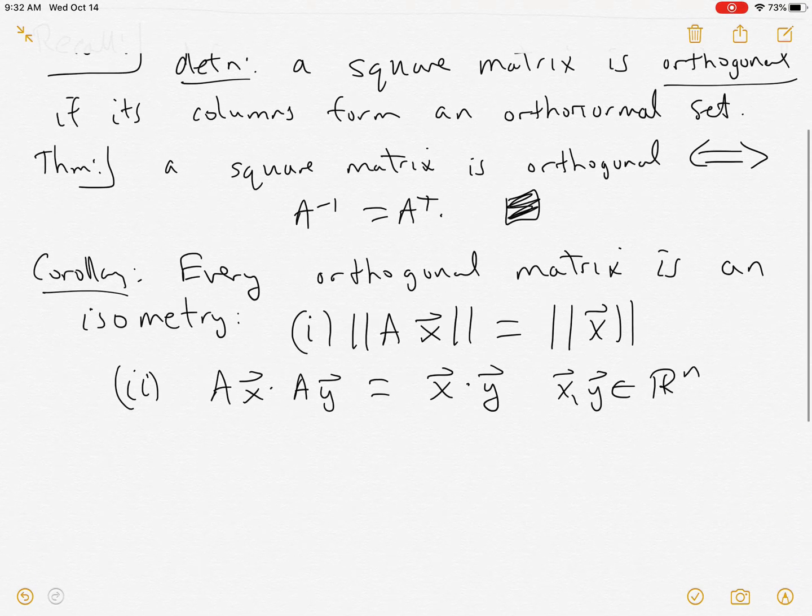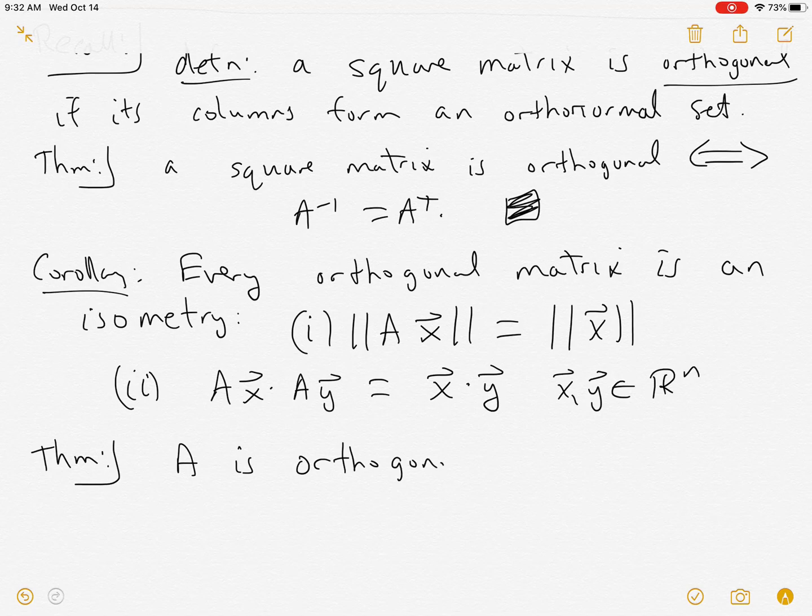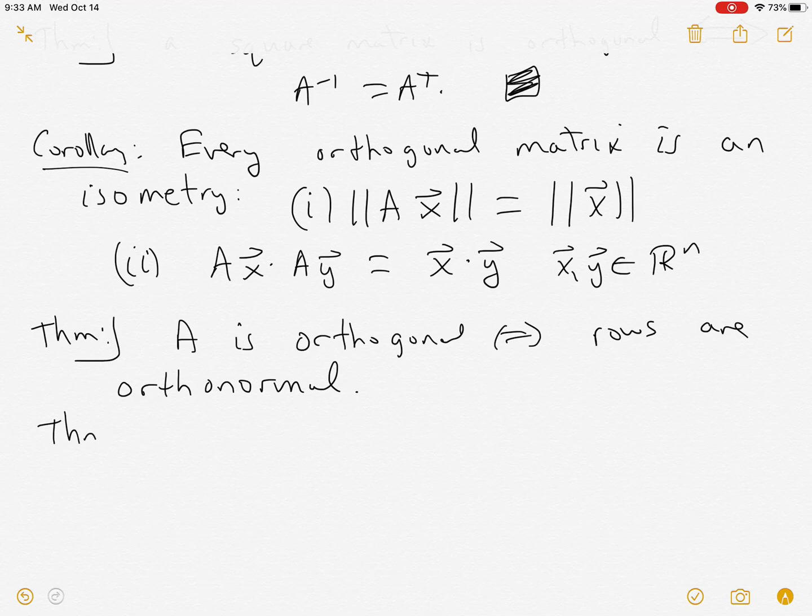And then, okay, one more theorem. A matrix A is orthogonal if and only if its rows are orthonormal. Okay. And one more theorem. These are all from the last video. If A is orthogonal, then one, A inverse is orthogonal.